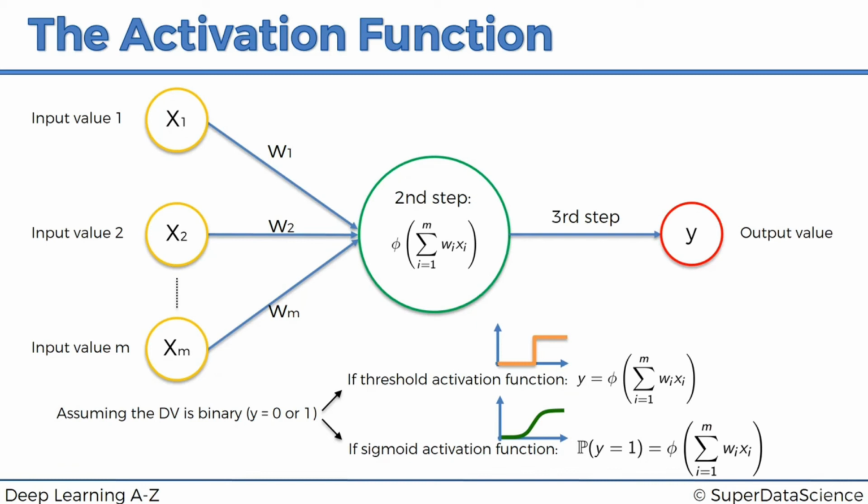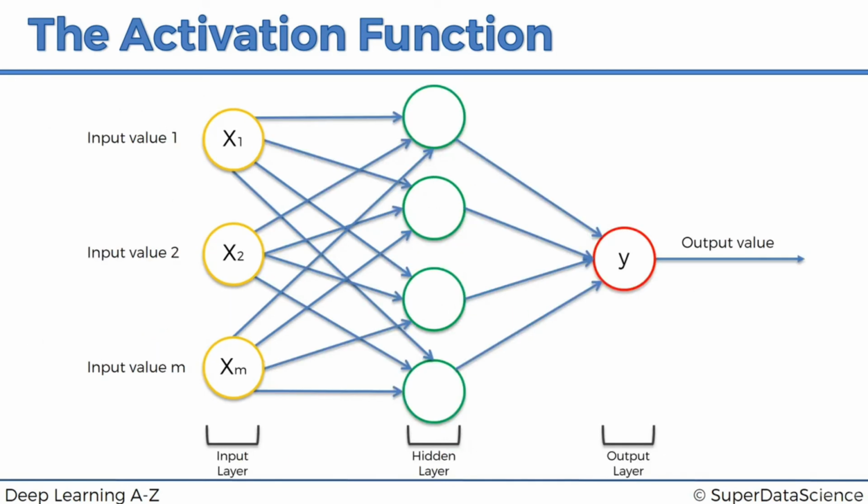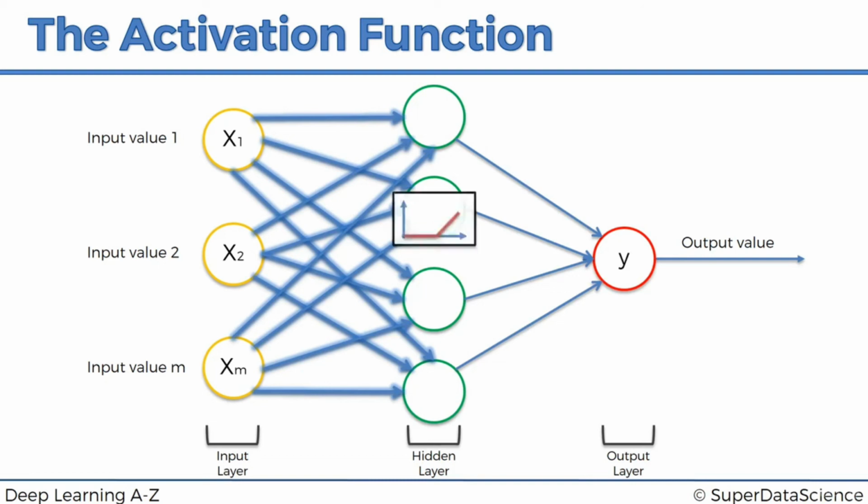And now let's have a look at another practical application. Let's have a look at how all this would play out if we had a neural network like this. In the first input layer, we have some inputs. They are sent off to our first hidden layer, and then an activation function is applied. And usually what you would apply here, and what you'll see throughout this course, is a rectifier activation function.